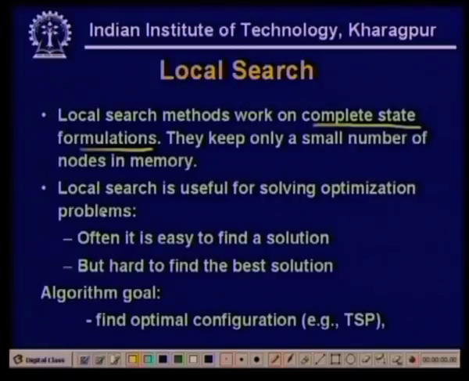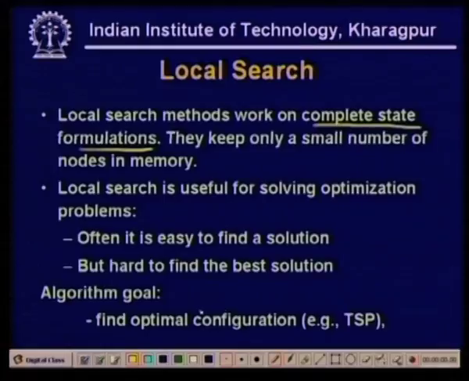Local search is useful for two types of problems. One, it is useful for solving optimization problems, where it is often easy to find a solution, but hard to find the best solution. Consider the traveling salesperson problem in a fully connected graph.